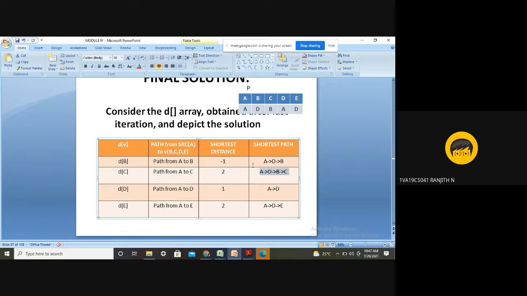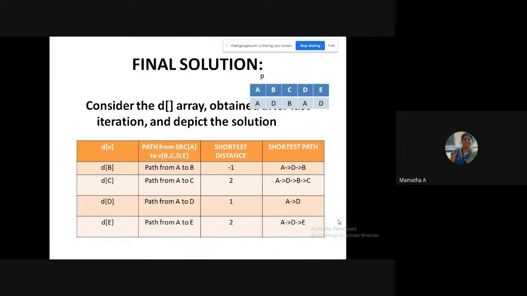E is the destination, P of E is D, and P of D is A. Again, that's the source. Thank you all for answering in the backward fashion, that is, from the destination to the source. I hope you are all getting it. Okay, simple it is. Only thing is you should have patience to solve the problem.